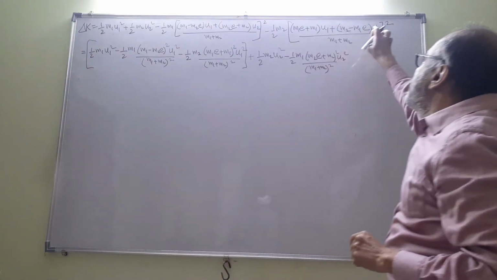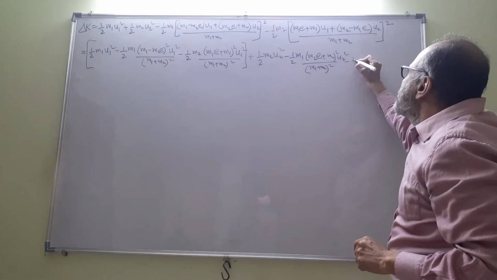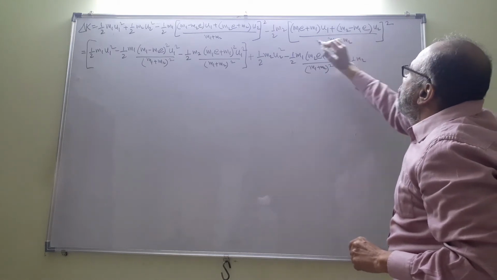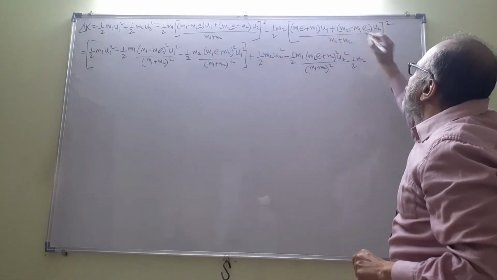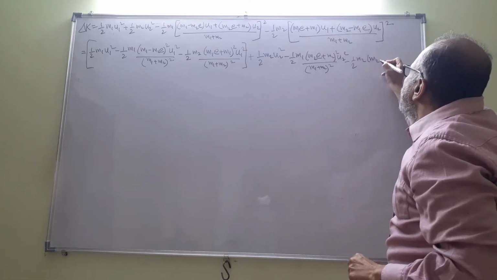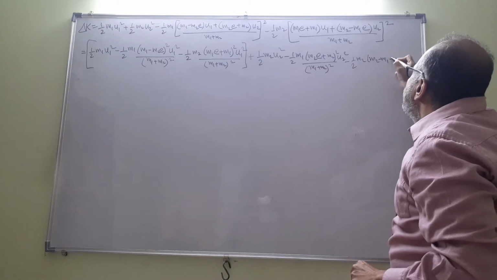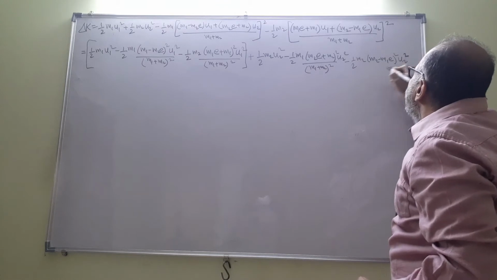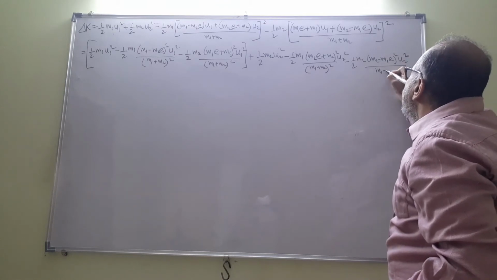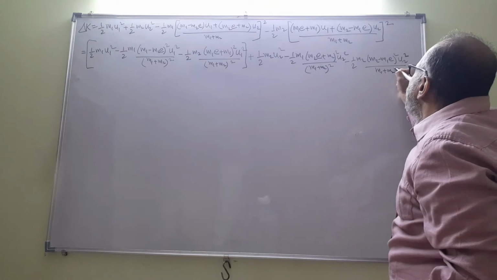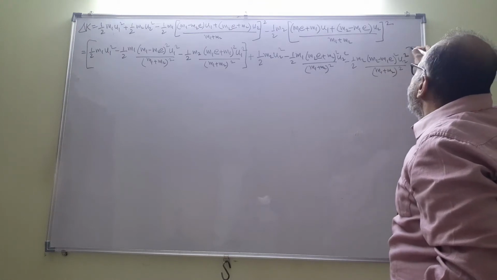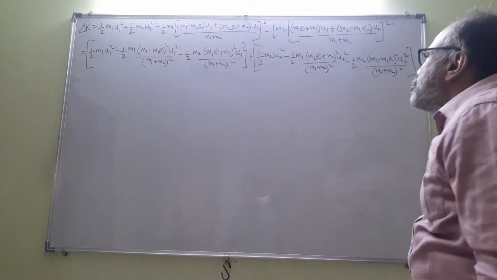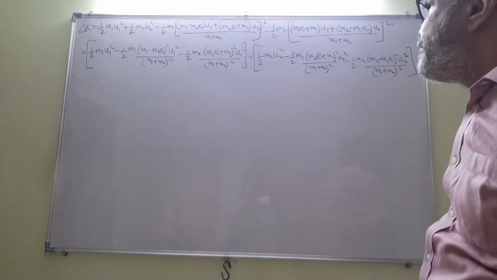We have another term here for u2 squared, that will be minus half m2 and this term squared. It will be (m2 minus m1 e) the whole squared, u2 squared by (m1 plus m2) the whole squared. We have clubbed all the u2 squared terms together.